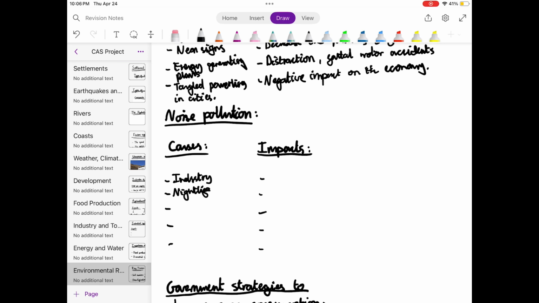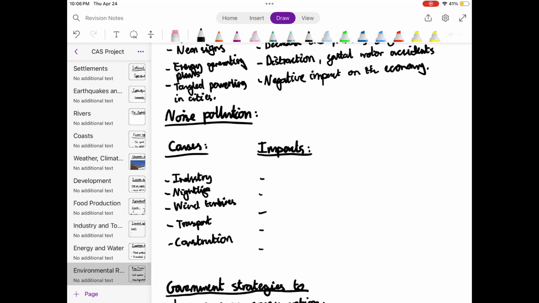And by nightlife I refer to bars and clubs where people usually party, etc. It can also be caused by spinning wind turbines, and also from transport, such as cars and planes. So those living near airports, for example, may be affected by lots of noise pollution. And it can also be caused by the construction of buildings.